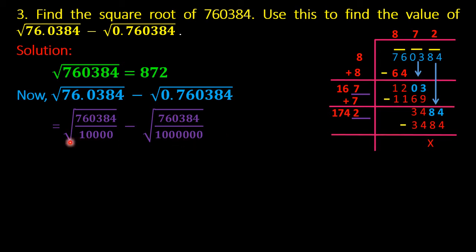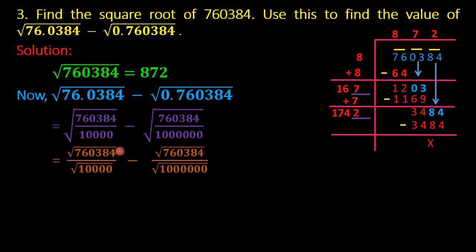Now here we separately write the square root for numerator and denominator, and in the numerator we use this value, and here also the same value, and we have to find the square root of 10,000 and 10 lakh. To find the square root of this kind of number is very easy.